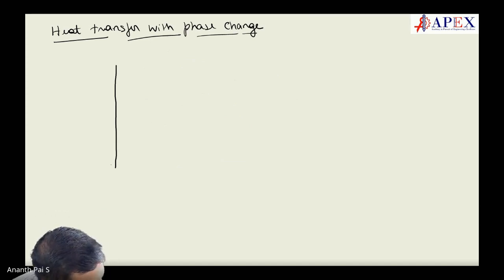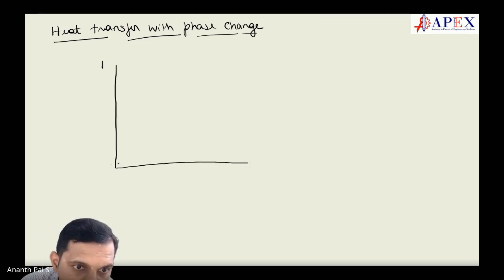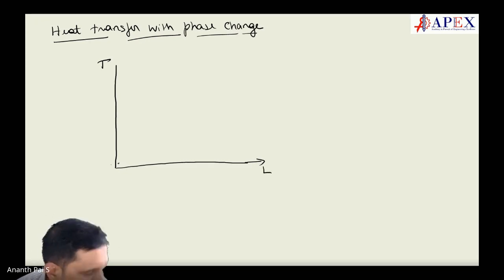The hot fluid is causing it to evaporate, right? So cold fluid evaporates. This is the temperature axis, and this is the length of the heat exchanger. What's going to happen here?